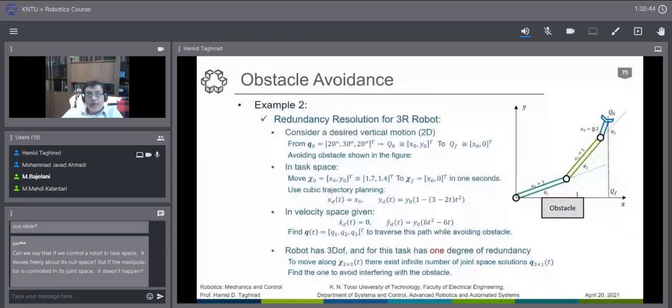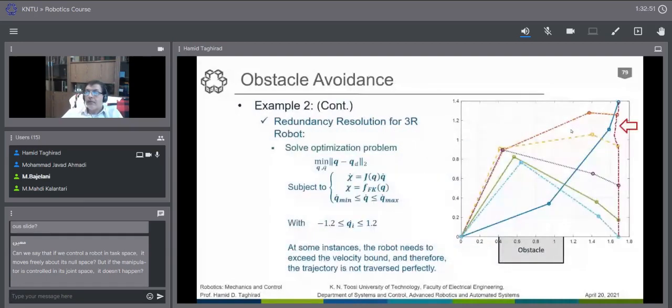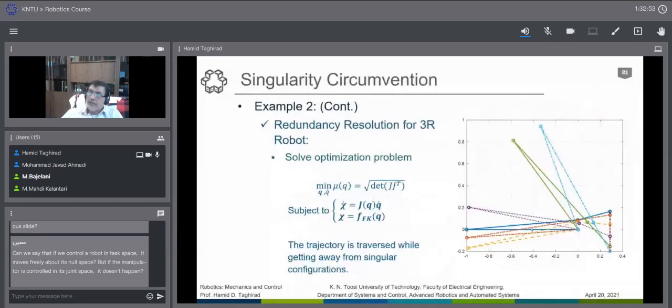Yes. Another question, please. Choosing the desired Qs. What is the criteria for choosing the desired Qs? As you see here, we have a desired X. We go to a desired Q. The objective is what is the demand in your program. In here, we are avoiding singularity.